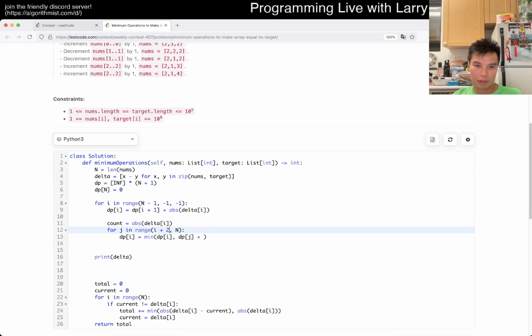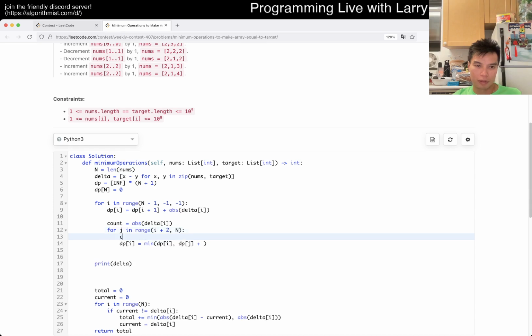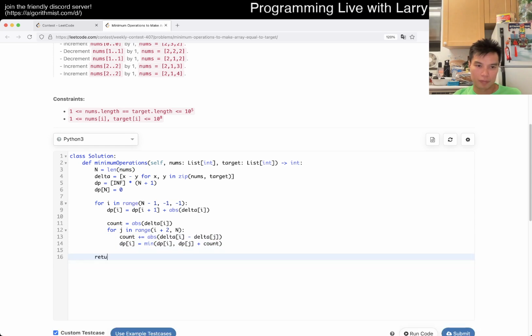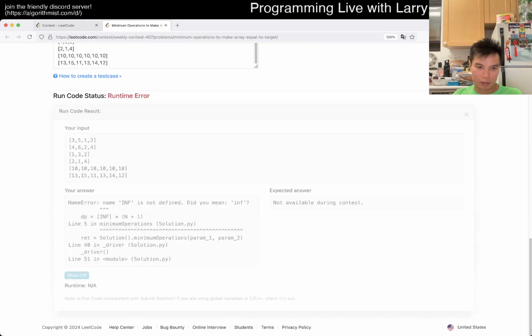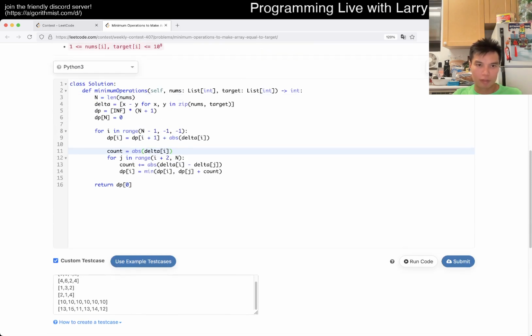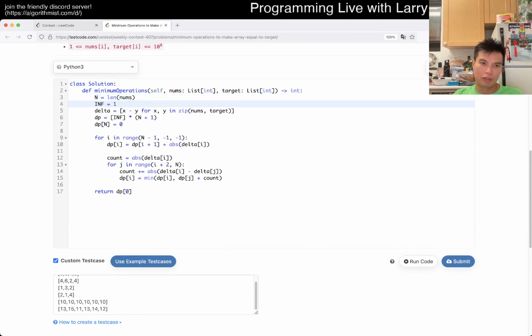Maybe it's i plus 2. I think this is right. Okay, fine, but it is too slow.